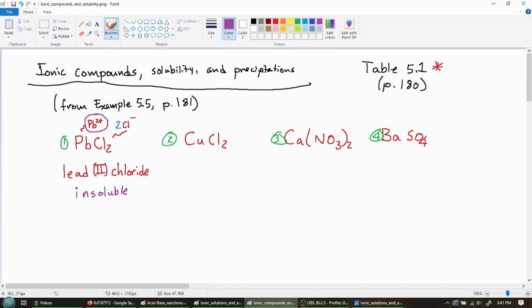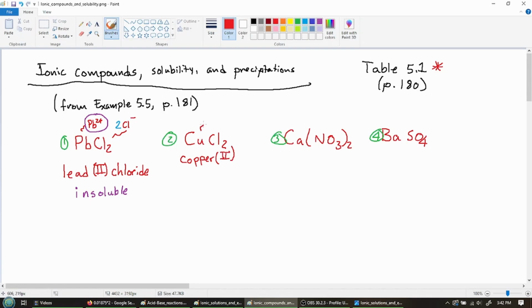Okay? So let's look at this next one. Copper chloride. Well, copper is another metal that sometimes forms different charge states. So let's name this as copper. Well, we've got 2 chlorides, each one with a -1 charge. So this copper must be copper 2. Why?